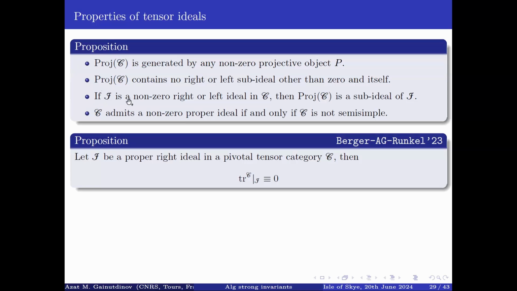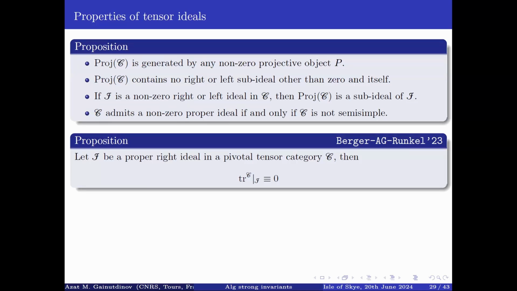And if I is a non-zero right or left ideal in C, then proj C is a subideal of I. So proj is contained in every ideal of the category. And the category admits a proper non-zero tensor ideal if and only if it's not semi-simple. So if a category is semi-simple, there are no ideals except 0 and C.